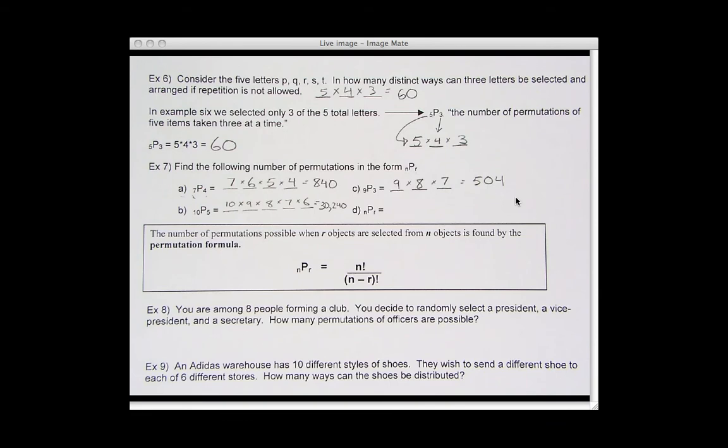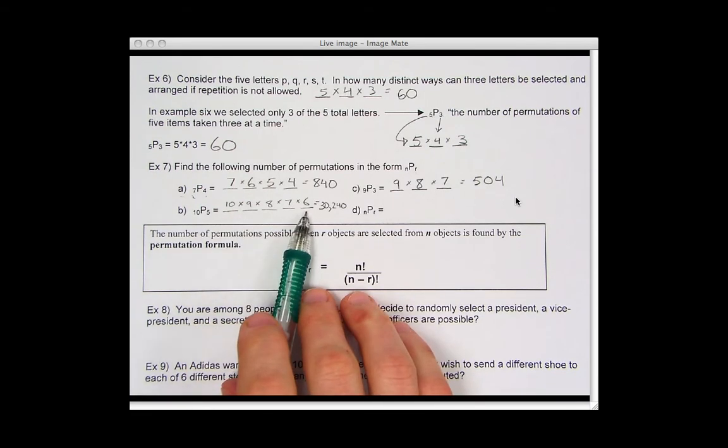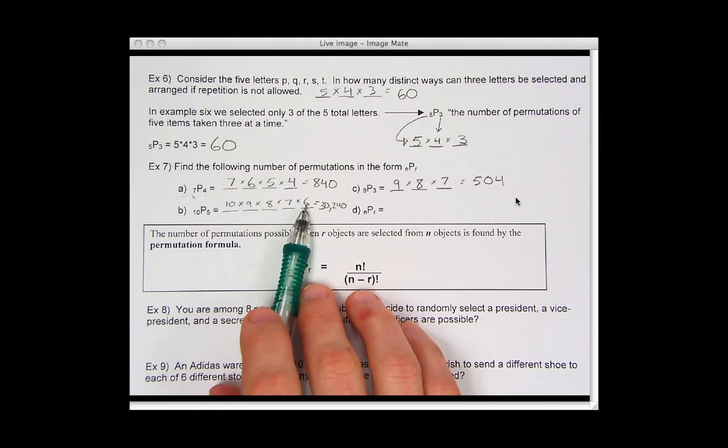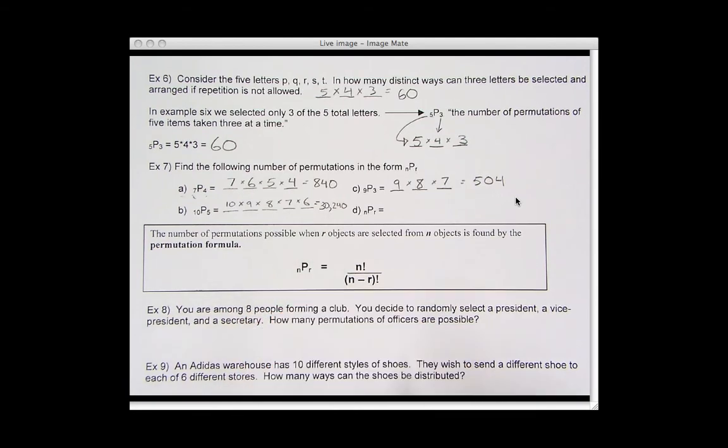And check out your answer. We have 5 slots, starting with 10: 10, 9, 8, 7, 6. Multiply them together, you get 30,240.